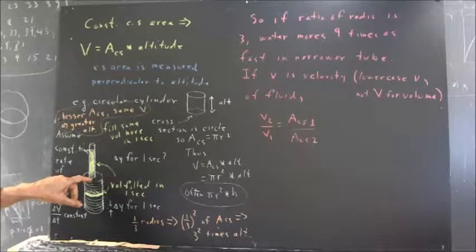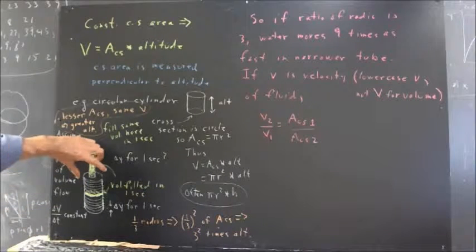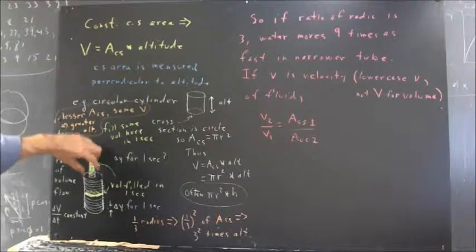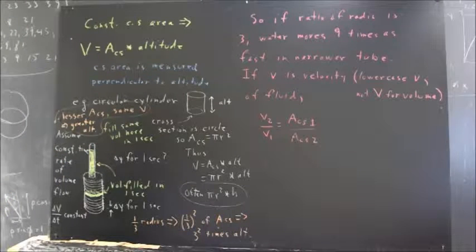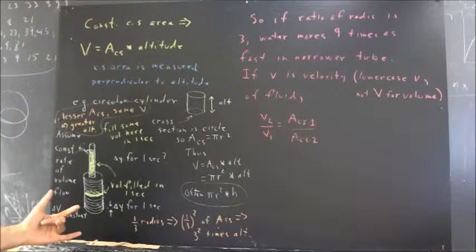If this has half the radius or diameter of this, that is, you're shrinking the cross-sectional diameter of the cylinder down by a factor of 2, then what's going to happen to the depth that you need in order to get the same volume?